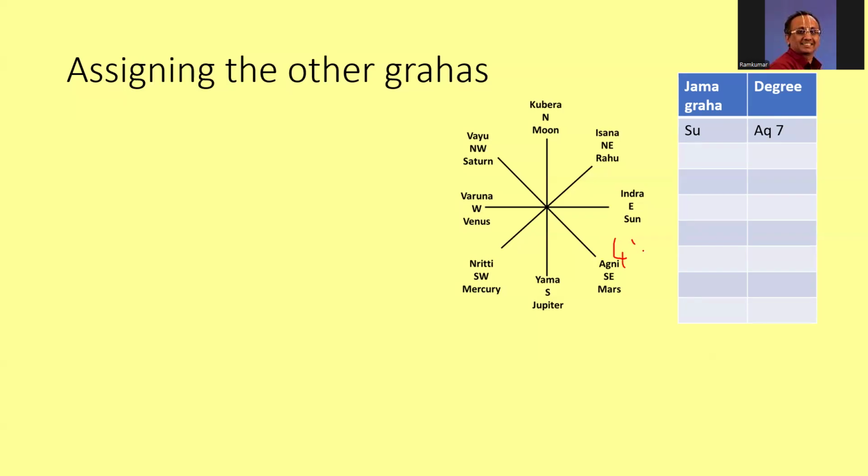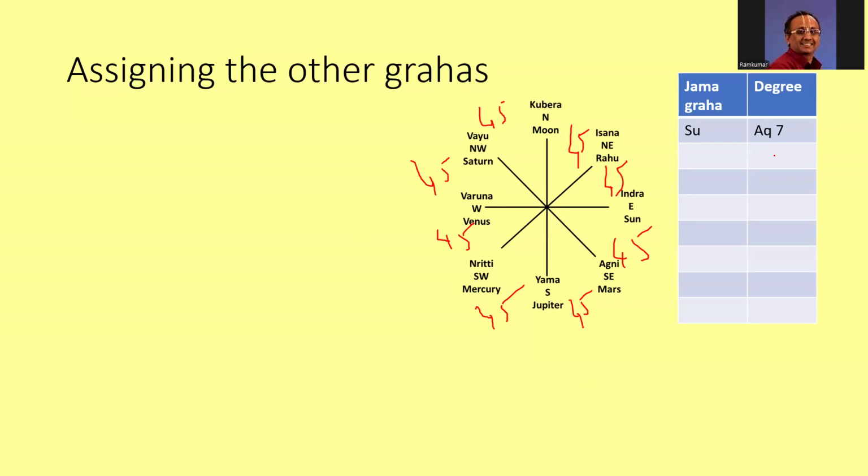We already told, right? Between Mars to Jupiter, it will be another 45 degrees. Jupiter to Mercury, 45. Mercury to Venus, 45. Venus to Saturn, 45. Saturn to Moon, 45. Moon to Rahu, 45. Rahu to Sun, 45.